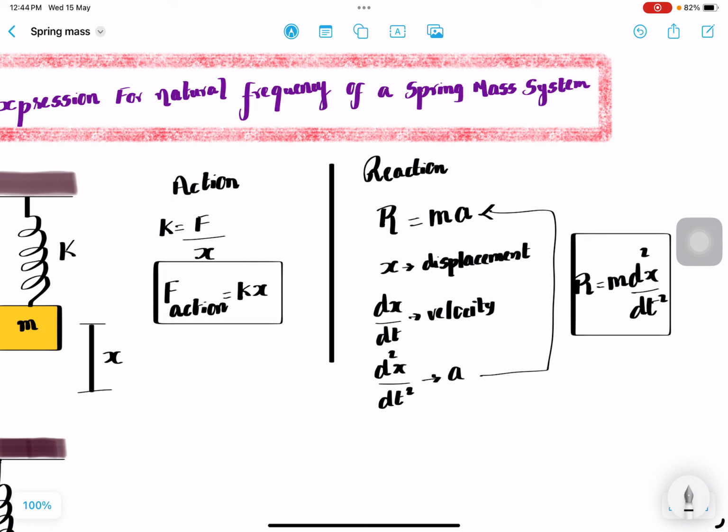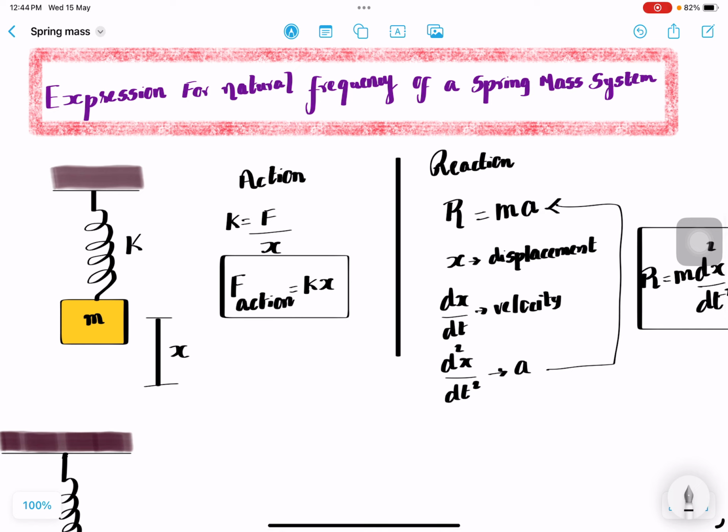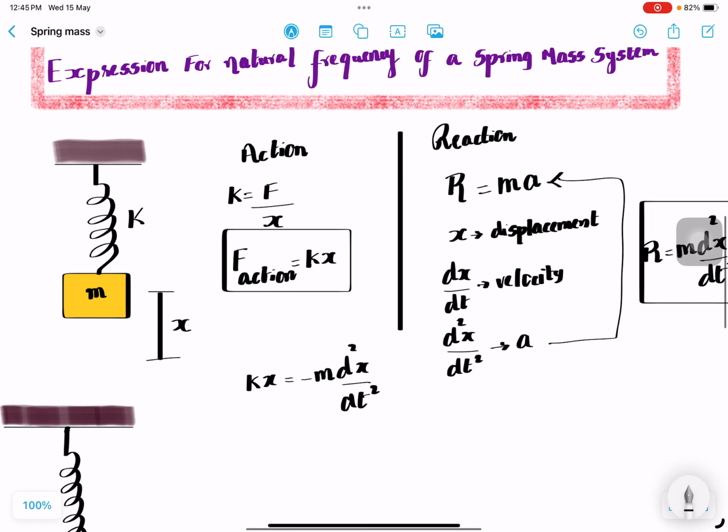So action should be equal to the negative of reaction because both the forces are in the opposite direction. So we will equate them. We get action, which is kx, is equal to negative of the reaction, which is m into d square x by dt square. I can bring this right-hand side term to the left-hand side, so the negative becomes positive.